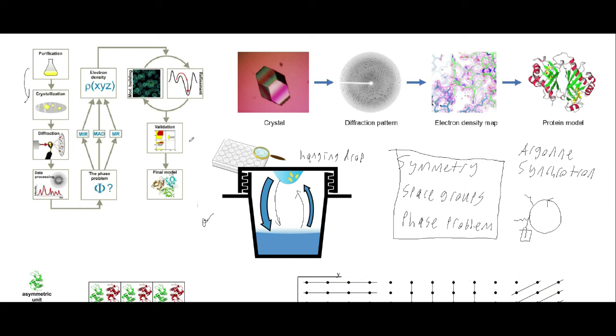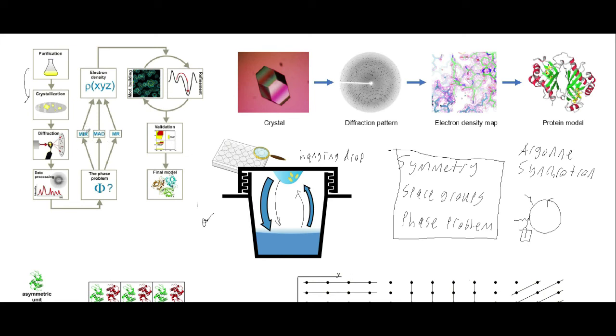As we'll see when I get into more detail about diffraction, you're diffracting at different angles, and that will change the phases relative to each other, and you need to know these phases. And so we can use different methods.